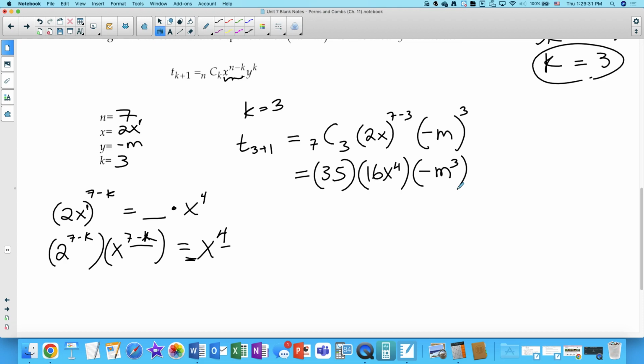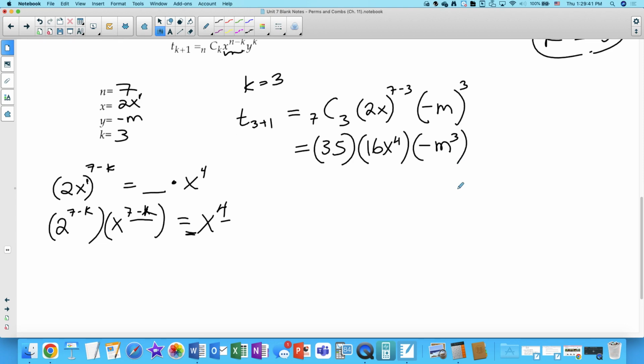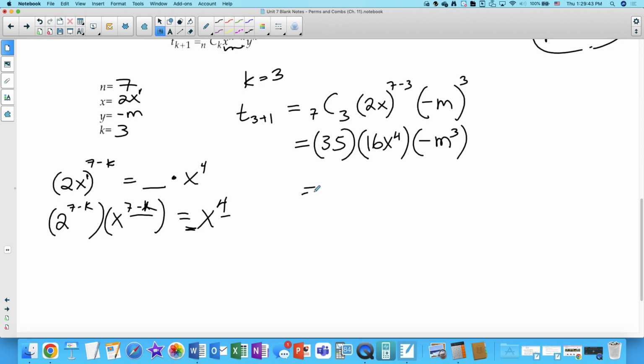When we simplify this whole thing, 16 times 35 is 560. So we end up with negative 560 x to the 4 m cubed. So now what? Would we put that equal to the term given?